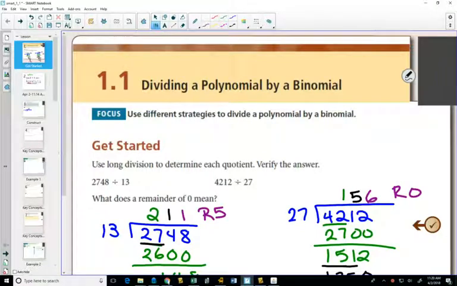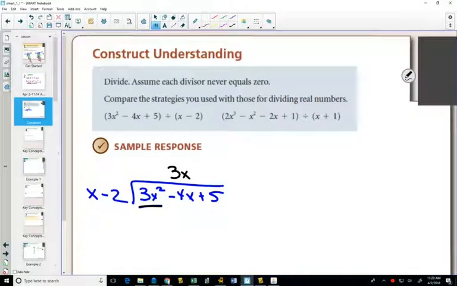And 200 times 13 was 2600. Same thing here, we write our 3x over our x column, and when I multiply 3x times x minus 2, I get 3x squared, and 3x times minus 2 is minus 6x.